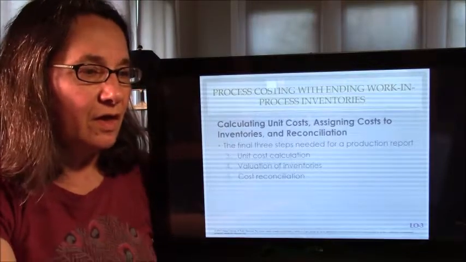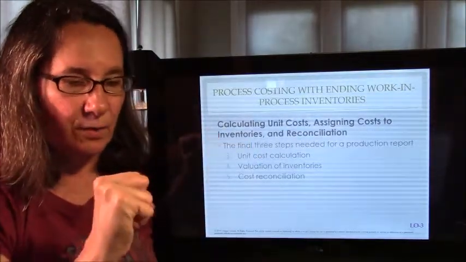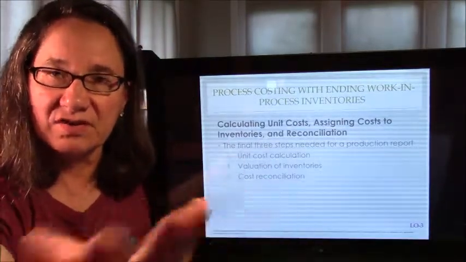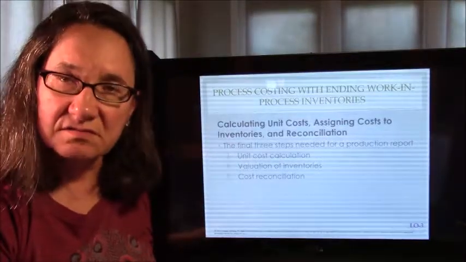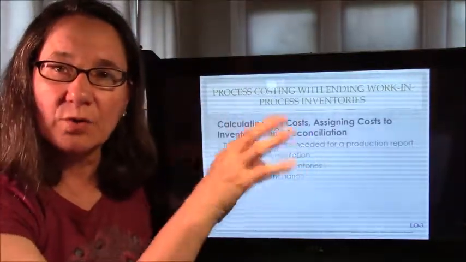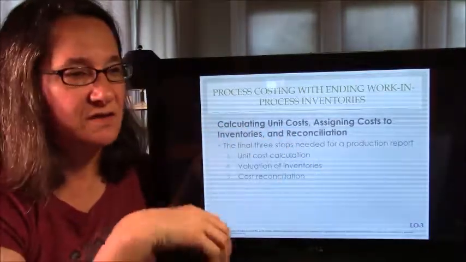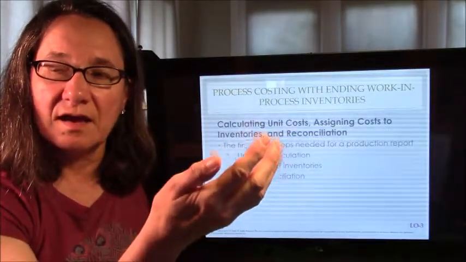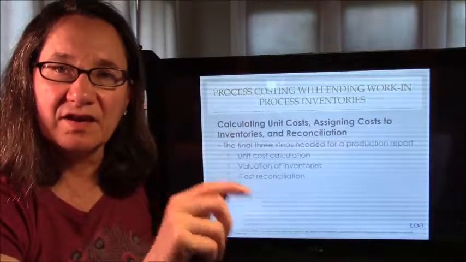So the final steps, once you've figured out the physical flow and how many equivalent units are sitting around and got transferred and all that good stuff, you figure out the unit cost, right? So here's my total that I spent making those equivalent units. That will give me a unit cost for direct materials and conversion costs.